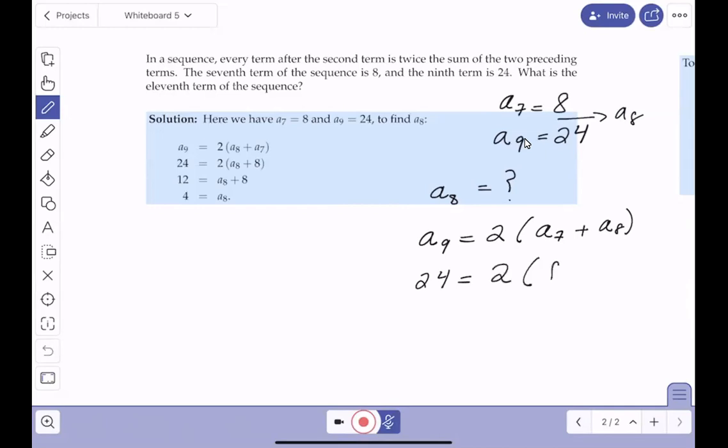It's 8. But I don't know A8. I can try to solve that. I'm going to divide both sides by 2. I get 12 equals 8 plus A8. All right, I hope I didn't make too many mistakes here. And A8 is 4. So I'll write that down over here.